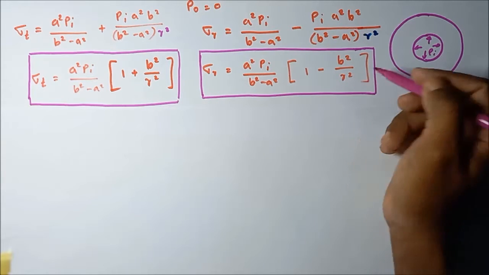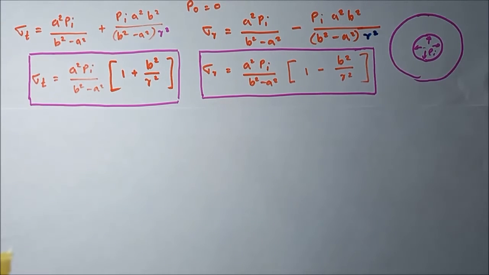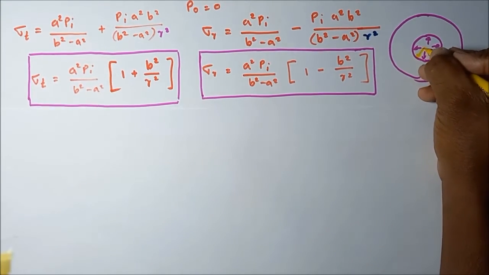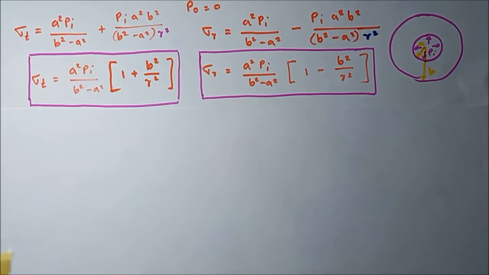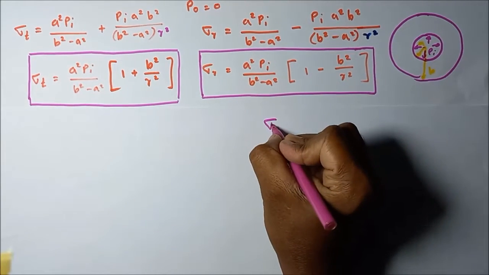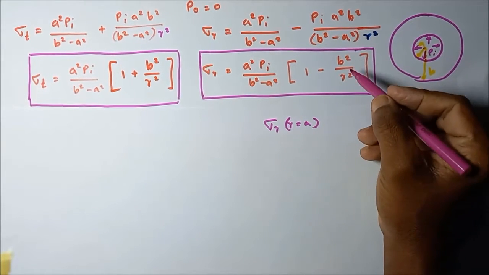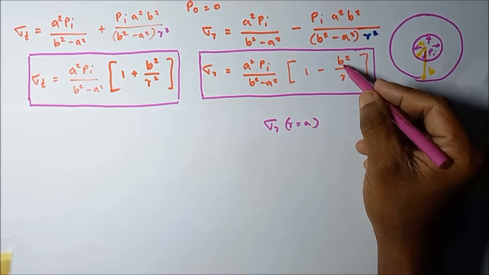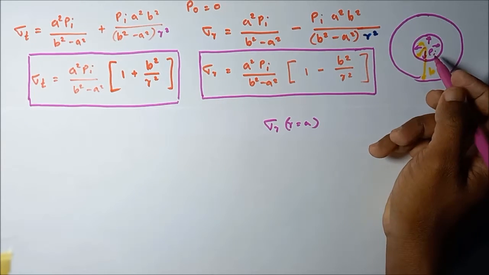Then what happens? Let's take R equal to A as the internal radius, and the external radius as B. If you put R equal to A, that is the maximum value we can obtain in this situation.